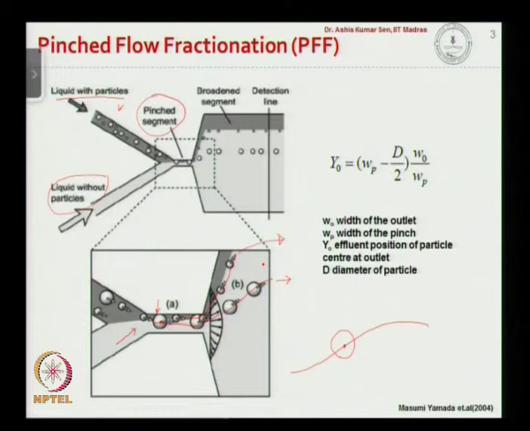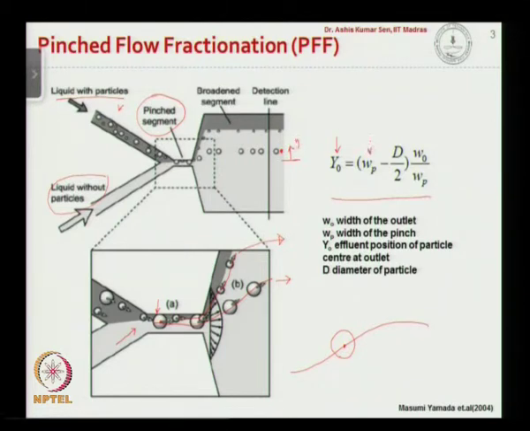Okay. And this is one important formula that is used for design of pinch flow fractionation channels. So here y0 is the position of the particle center at the outlet. Let us say this is the position of the particle, which is y0, and y is in this direction.